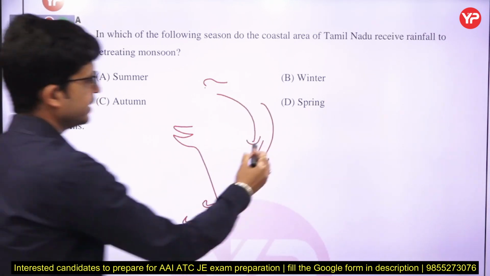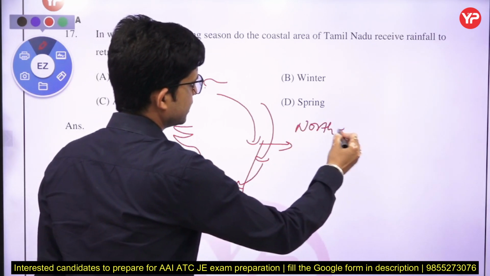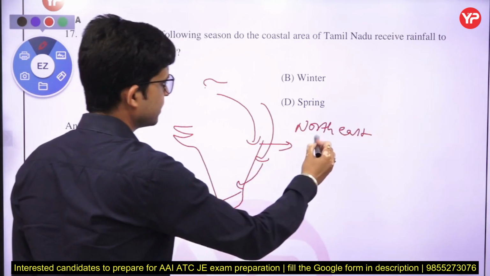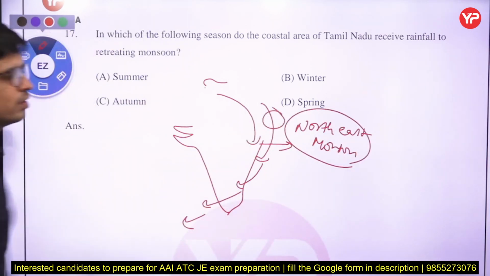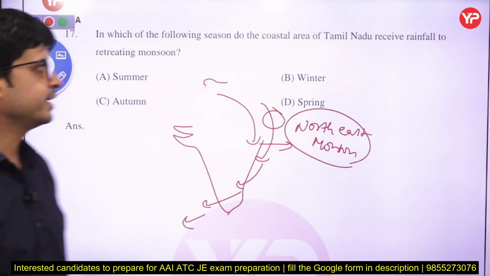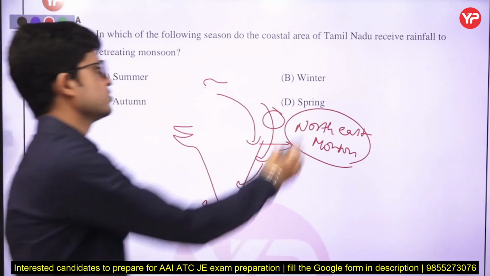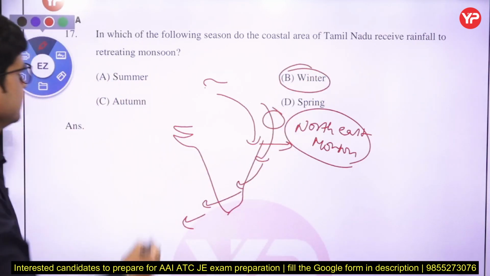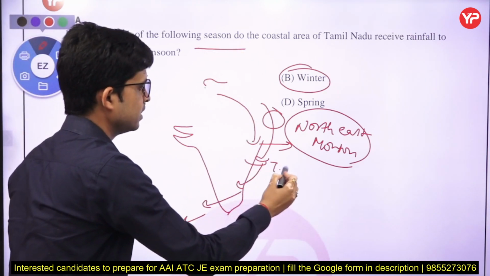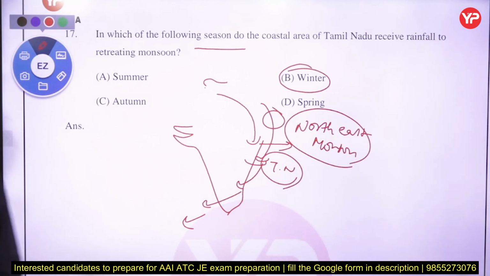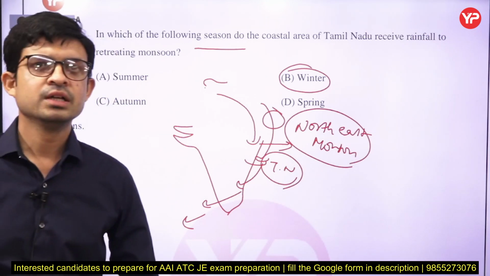During retreating monsoon, the direction of the monsoon is northeast, because it is coming from the northern side, and from where? From the eastern side. So that is why retreating monsoon is known as northeast monsoon, and it is during the period of winter, and there is heavy rainfall in Tamil Nadu during this season.